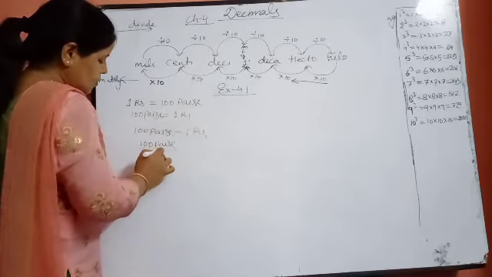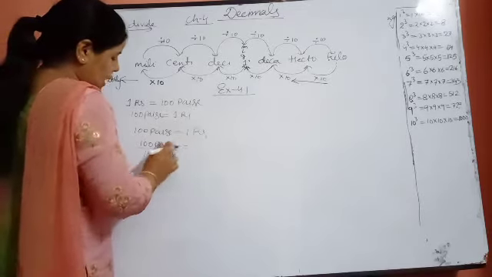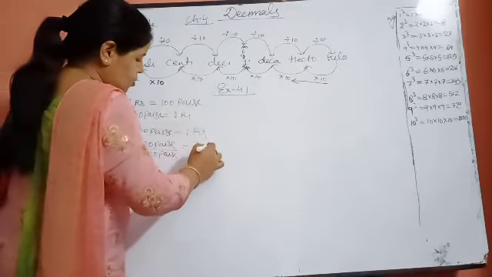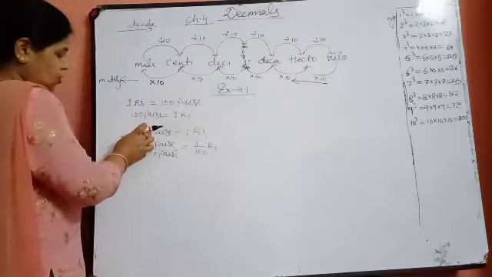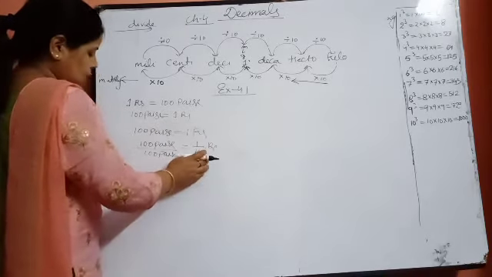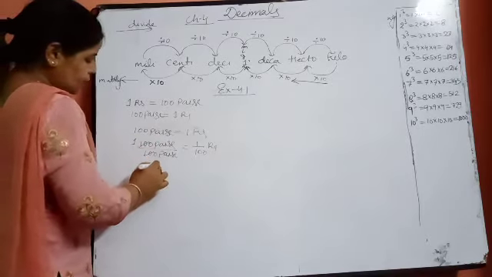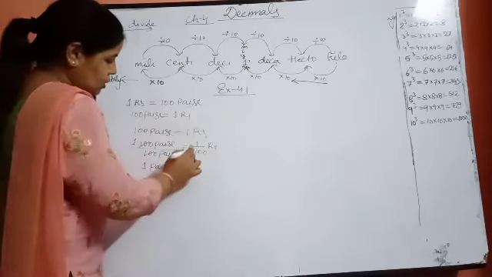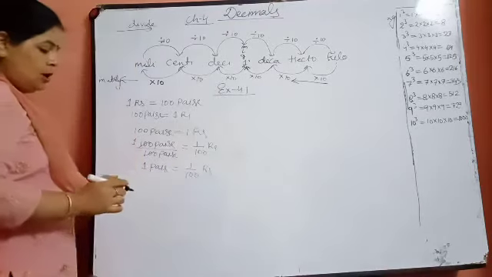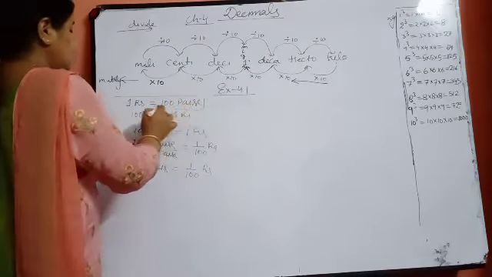On this side also I have to divide, so it is 1 upon 100 rupees. In the denominator I have done division on both sides. So 100 by 100 is 1, and 1 pie is equal to 1 upon 100 rupees.